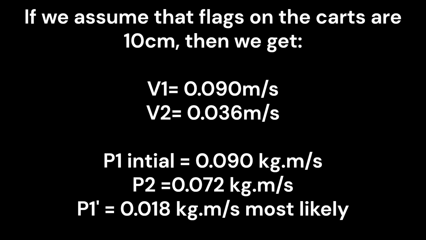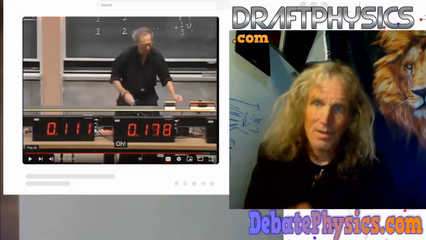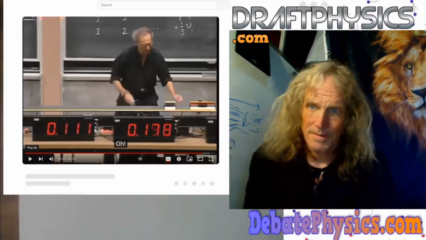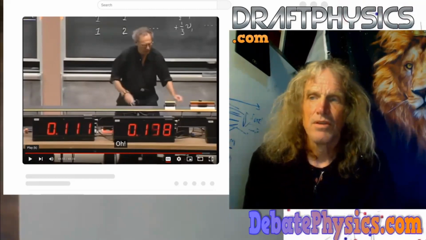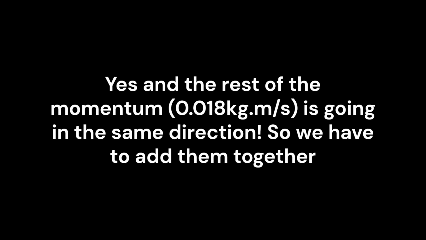Even Gary agrees with this, that the rest of the momentum is possessed by cart 1 still going in the same direction. And clearly the one cart's following the other cart, so that's where the rest of the momentum is, the part that's missing, the part that's short of half the velocity. Yes, and the rest of the momentum, so the 0.018 kilograms times meters per second, is going in the same direction, so we have to add them together.